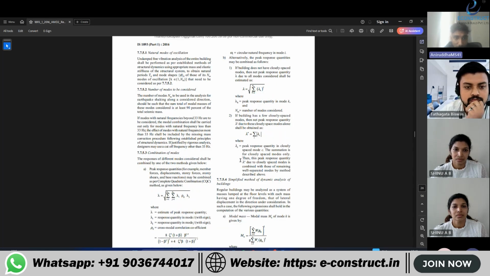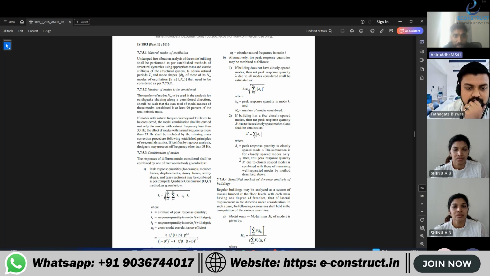The number of modes nm to be used in the analysis for earthquake shaking along a considered direction should be such that the sum total of modal masses of these modes considered is at least 90% of the total seismic mass. If modes with natural frequencies beyond 33 Hz are to be considered, the modal combination shall be carried out only for modes with natural frequency less than 33 Hz.